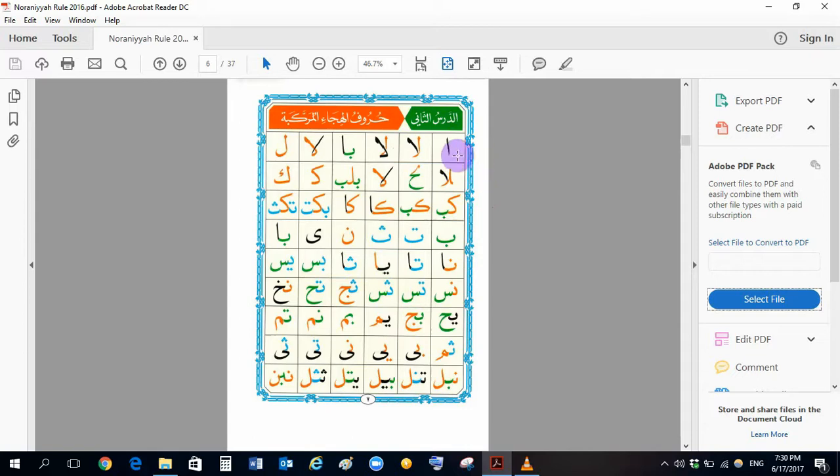We also said that here we have the letters inside boxes, and these boxes separated from each other, and we should read the contents of each box separately. Like here I should say alif, lam alif, and so on and so forth. And I do not allow the child or the student to connect them to each other because these are separate boxes.